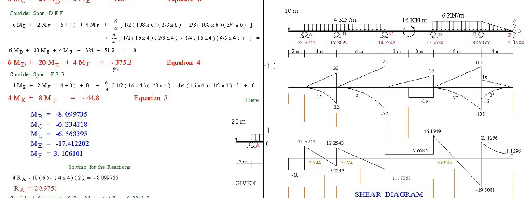Center is F, moment at F times 2 times the sum of the two spans, 4 plus 0. Then the moment on the right, or G, is 0.